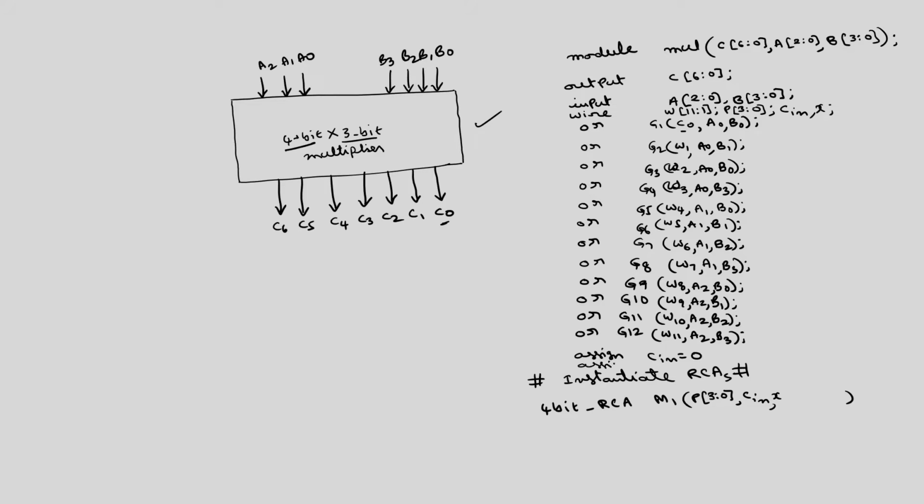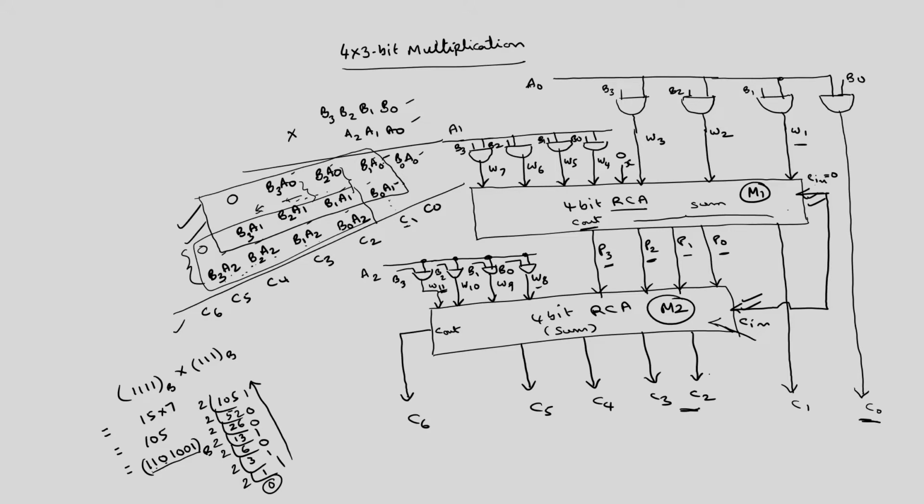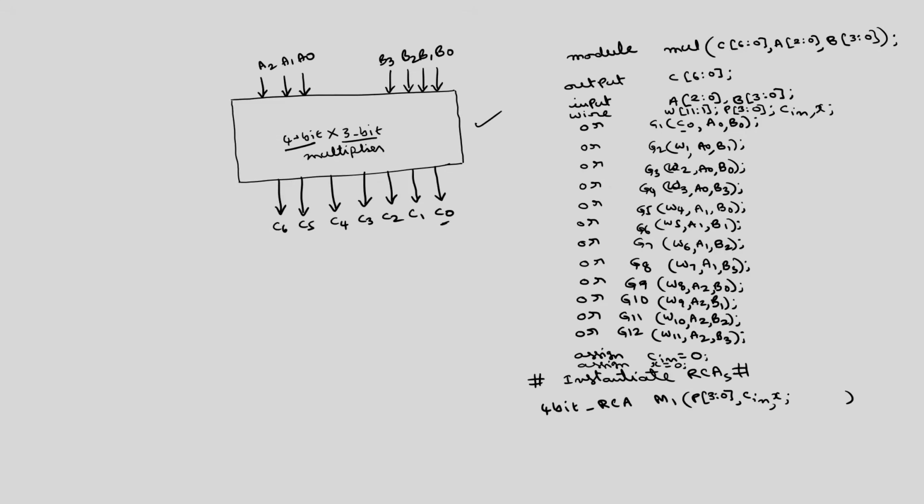So, X is one input, Cin is another input. The other inputs are X comma W3, W2, W1, W0. Then we have W4, W5, W6, W7. So, this will produce P3, P2, P1, P0.